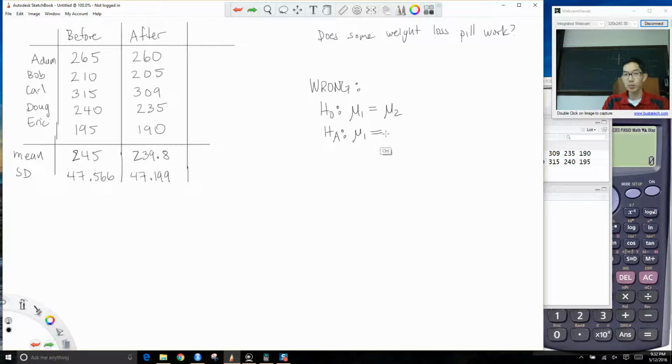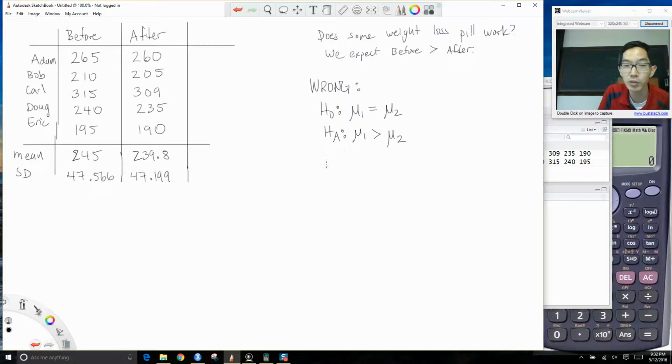Or maybe, in this case, we would expect before to be greater than after. Okay, so this would be the alternative, right? Does some weight loss pill work? We expect the before to be greater than after. So this is what we would expect to see.